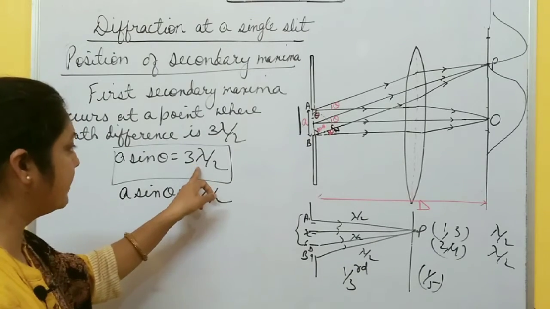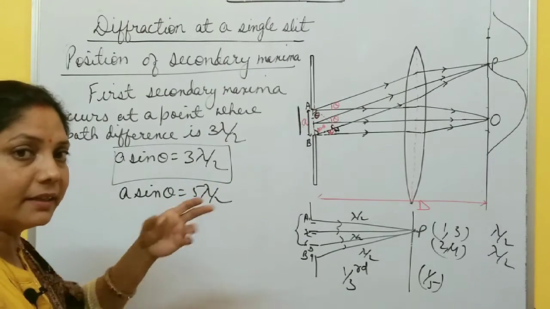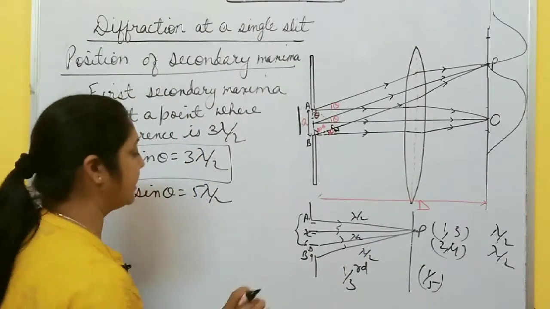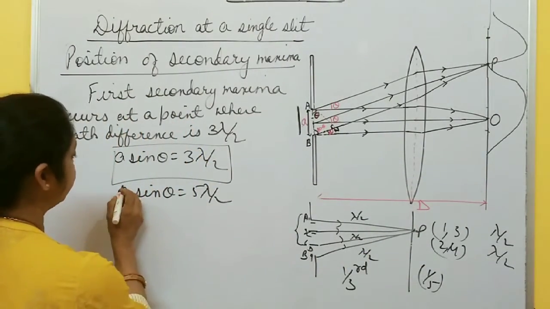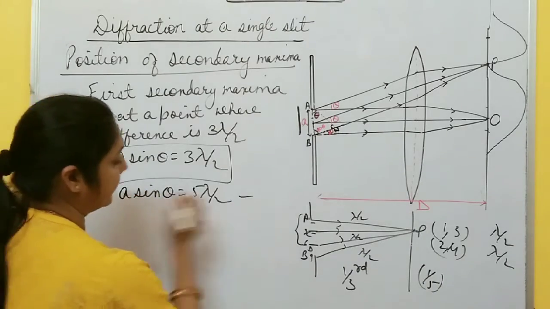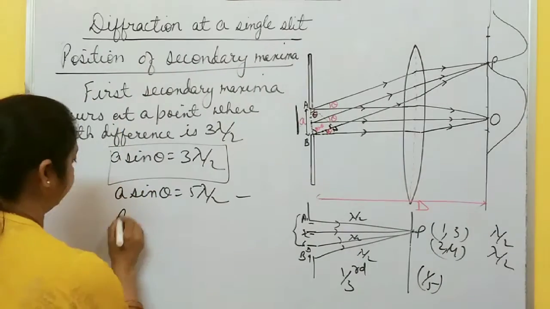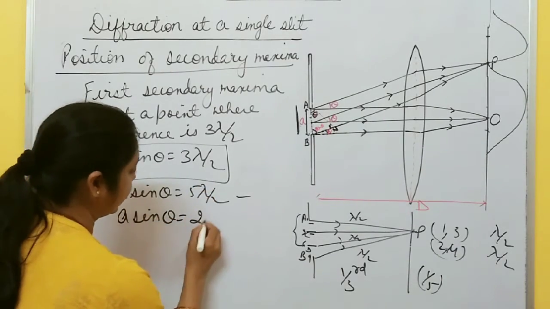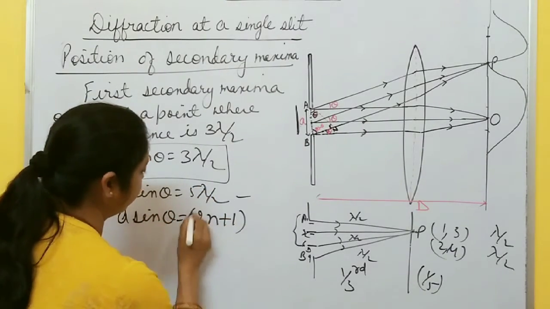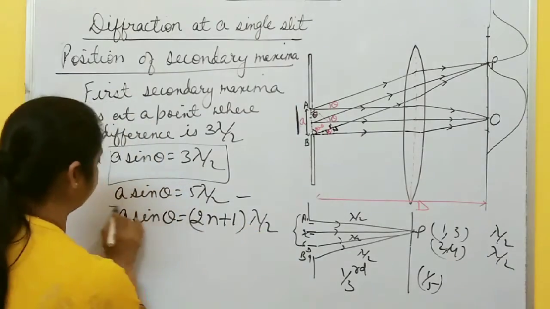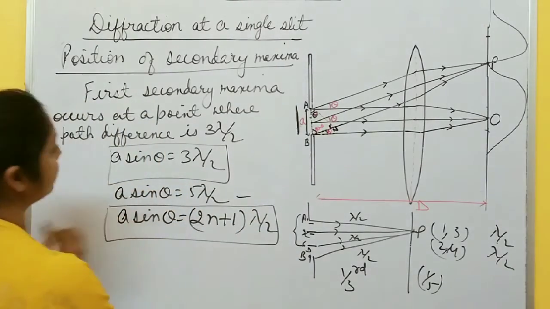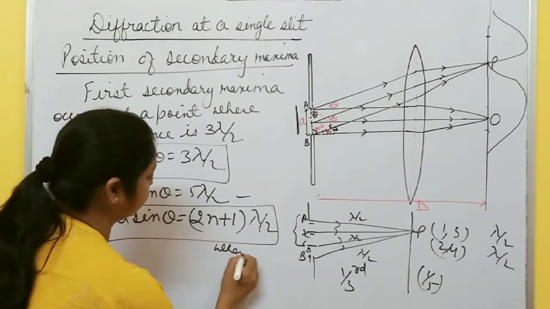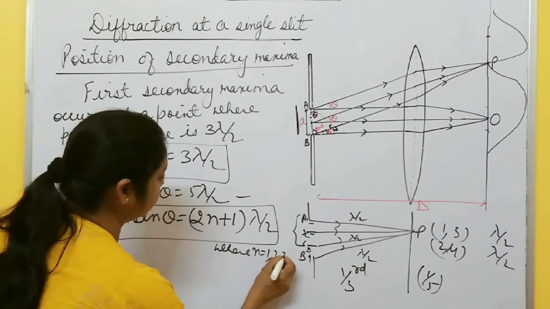First secondary maxima, then second secondary maxima, the intensity decreases again. So a sin theta is equal to (2n+1) lambda by 2, right? This is the condition for secondary maxima, where n equals 1, 2, 3 and so on.